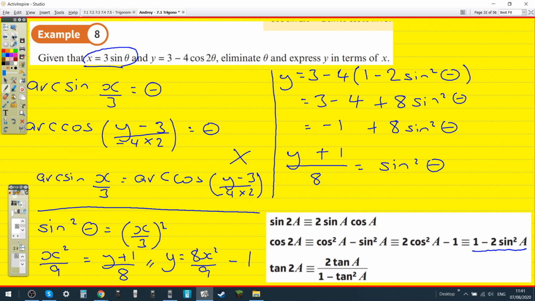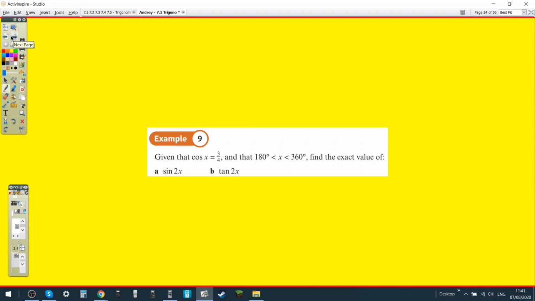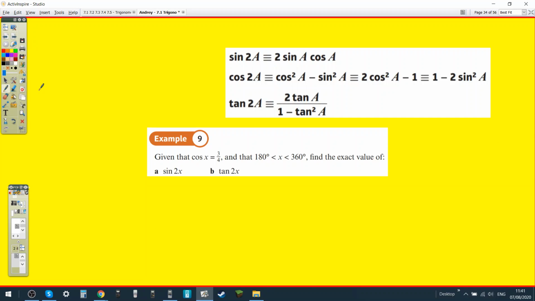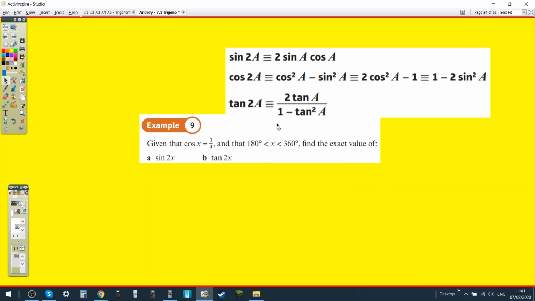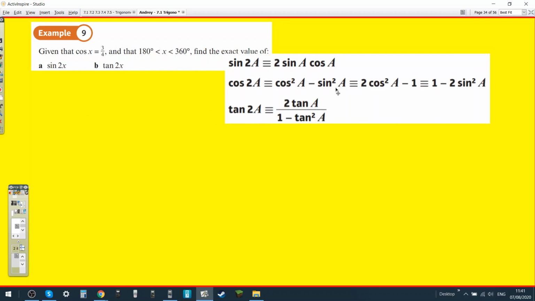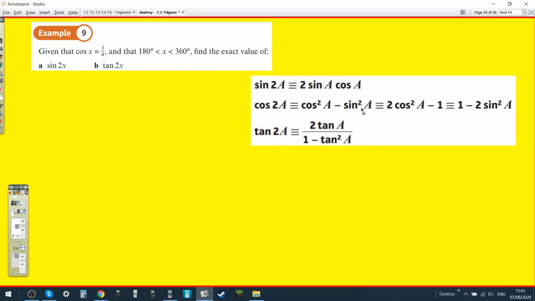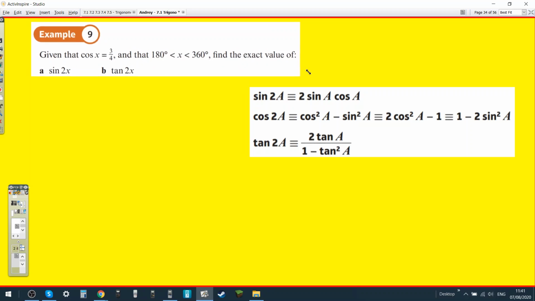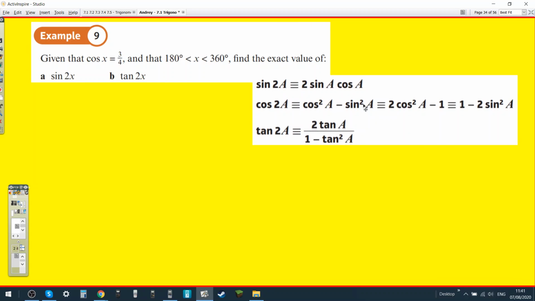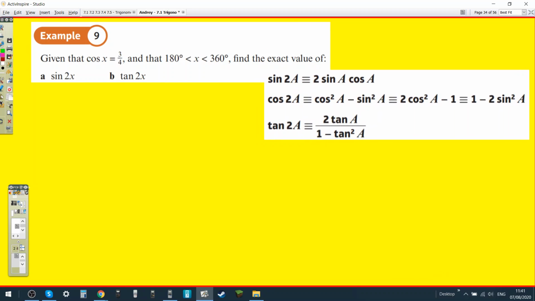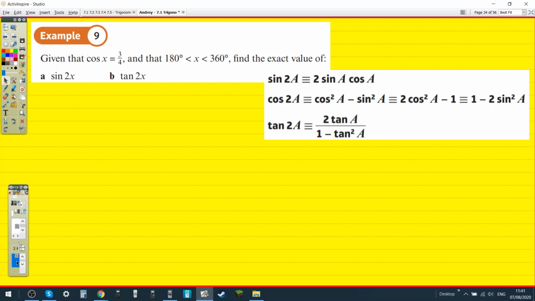Double angle. Okay, let us do this one. Is it solving or something? Don't know.